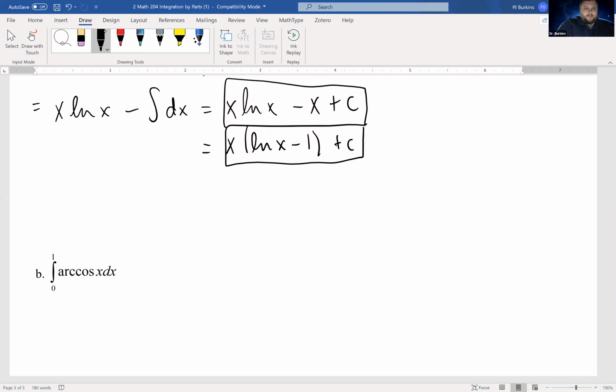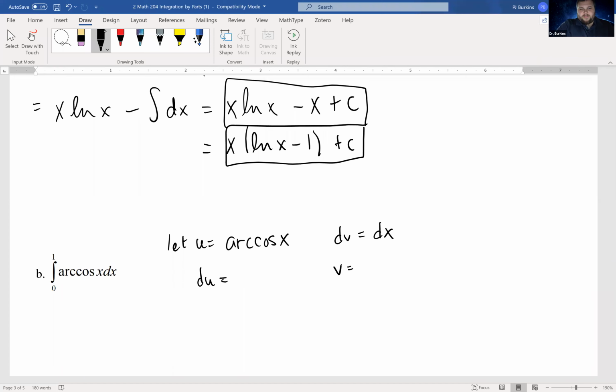So I'm going to let u equal the arc cosine. And if that sounds weird, arc cosine is the same thing as inverse cosine, or cosine to the minus 1. That's just really bad notation. And then, of course, we've got dv equals dx. So calculate du and v.